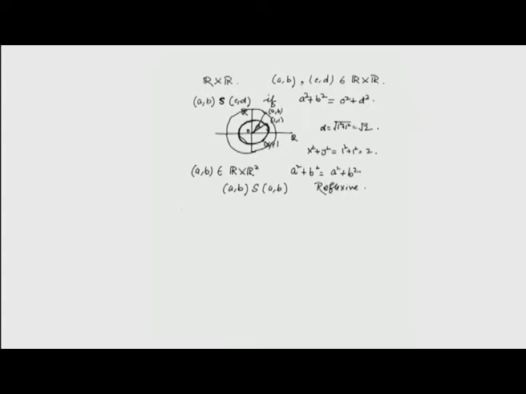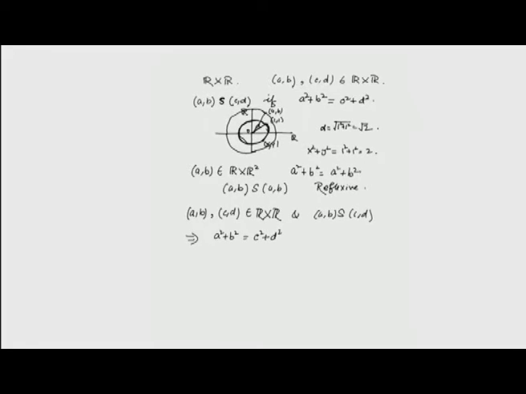Next, suppose (a, b) and (c, d) both belong to R cross R, and (a, b) S (c, d), that they are related, which implies a square plus b square is equal to c square plus d square.